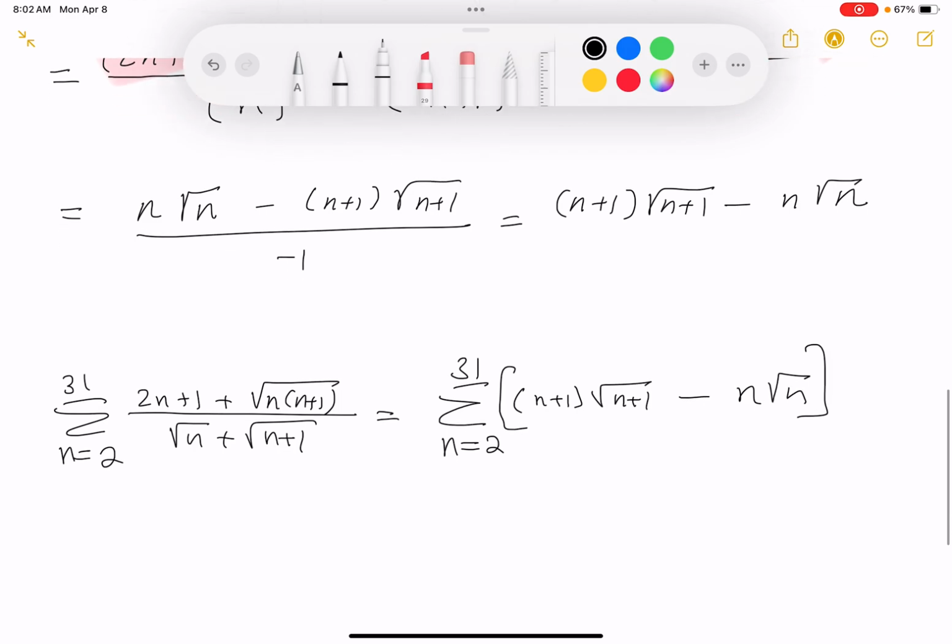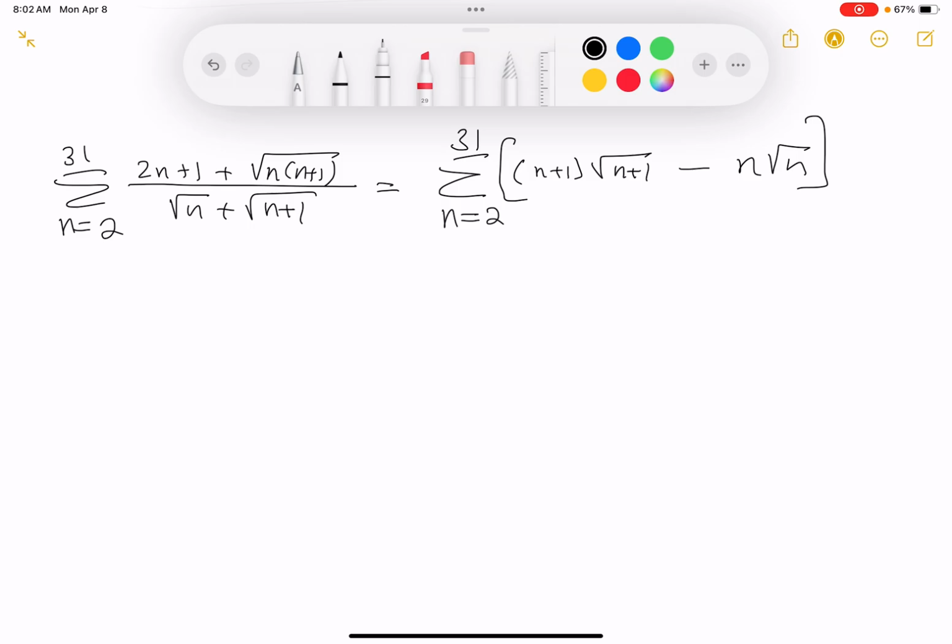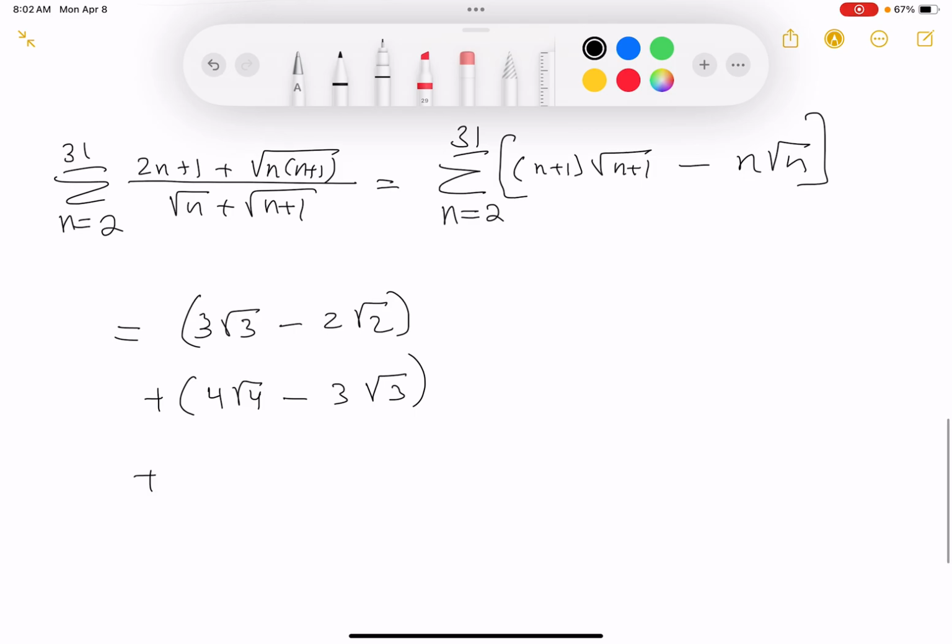All right? So what I like to do is write things down, and I'm going to start with 2. And what do you get? You get 3 root 3 minus 2 root 2. I'm going to put the next one down. That's going to be, I'm going to 3 now, right? So 4 root 4 minus 3 root 3. Put the next one down.